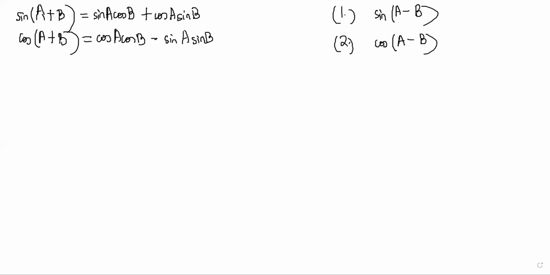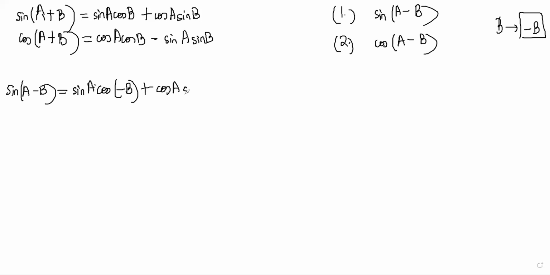So what is different between A plus B and A minus B, right? You have replaced B with minus B. So let's replace B with minus B in this formula and see what happens. If LHS I have replaced B with minus B, RHS also I should do the same, right? So the formula should be sine of A minus B is equal to sine of A cos of minus B plus cos of A sine of minus B, right?